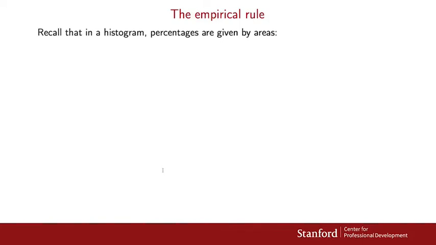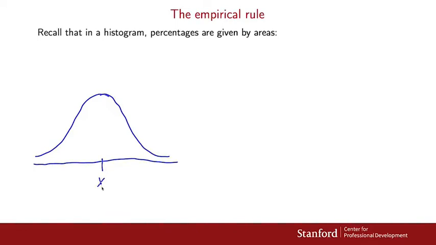Let's see how the empirical rule looks when we draw a histogram. Recall that in a histogram, percentages are given by areas. So if I draw a histogram that looks bell-shaped, then the mean is right in the middle. And if I go 1 standard deviation above the mean and 1 standard deviation below the mean, then the empirical rule says that 68% of the data fall between these two numbers.